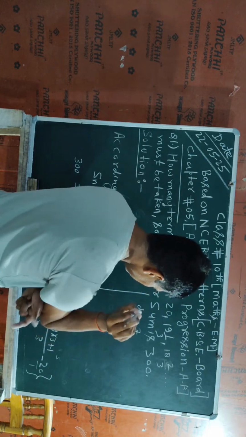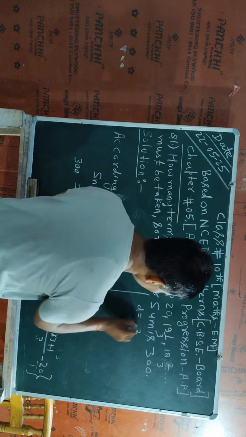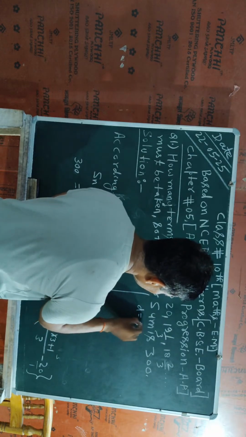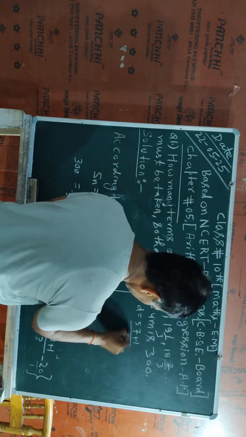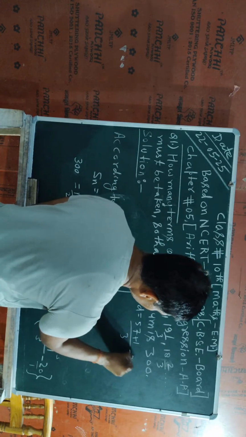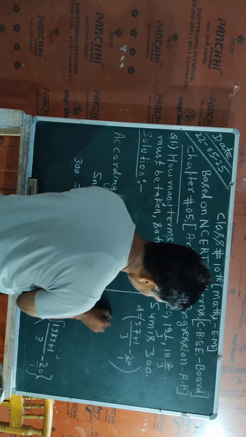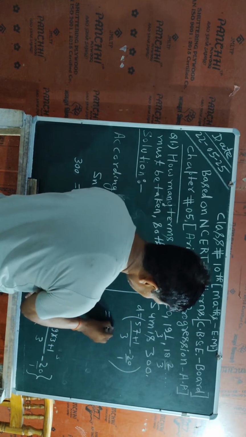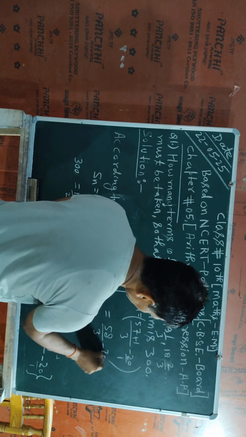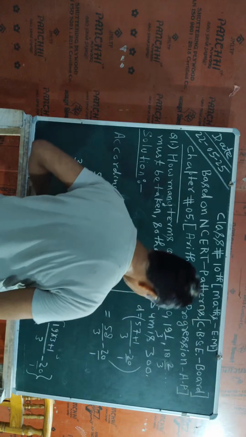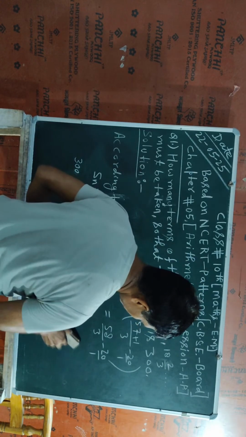So 3 into 19 is 57, plus 1, divided by 3, minus 20 divided by 1. Again I am going to simplify it. So here it will be 58 divided by 3 minus 20 divided by 1. Now further I am going to simplify it. After simplification I will put its value.